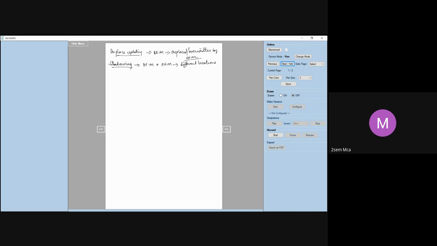You are maintaining both of them. They are not overwritten. Both the versions are maintained. So for shadowing, I said the log is actually not required, but it is always better to still maintain the log. Okay, so that's about in-place updating and shadowing.